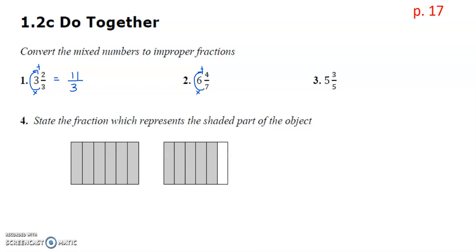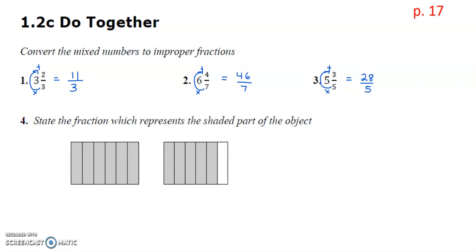So 7 times 6 is 42, plus 4 is 46, over same denominator, over 7. 6 4/7 is equal to 46/7. For number 3, same thing, C method. 5 times 5 is 25, plus 3 is 28, over 5.